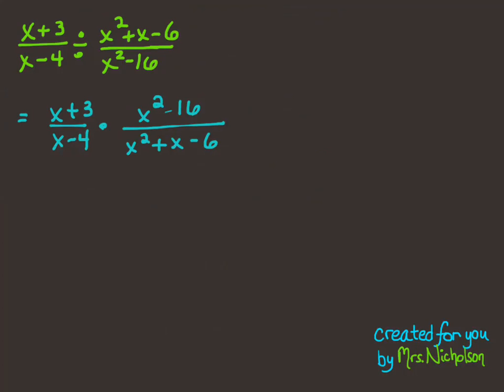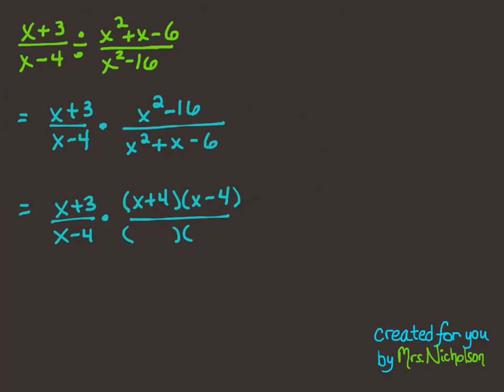Now before we multiply this out, it's always a good idea to factor and see if we can simplify. So x plus 3 over x minus 4, I can't factor those. But x squared minus 16, that is the difference of two squares. And so that factors x plus 4, x minus 4.